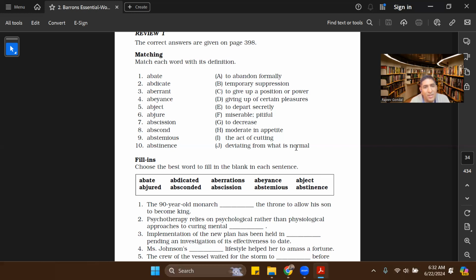So moderate in appetite, not eating and drinking like that. Abstinence is the noun form of it. Abstinence would be giving up certain pleasures. Which one is left?